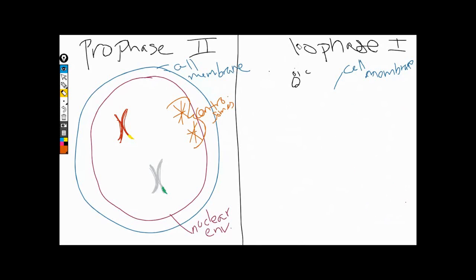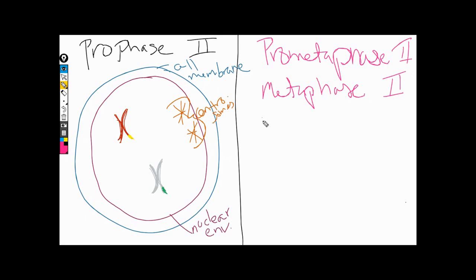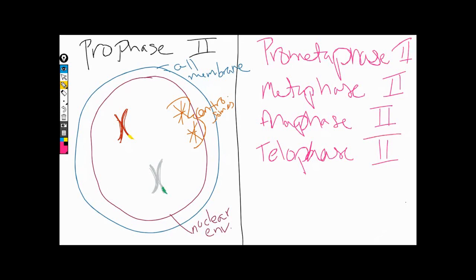Let's finish out meiosis 2. All right, so we need prometaphase 2, metaphase 2, anaphase 2, and telophase 2.